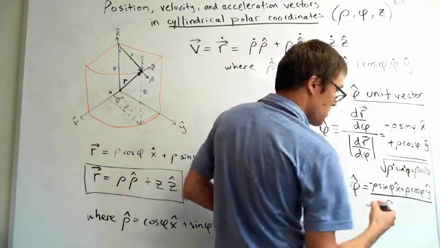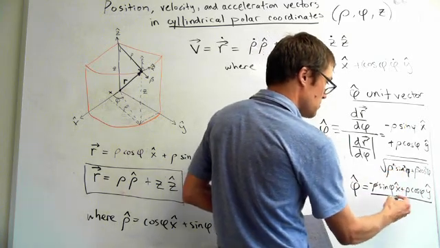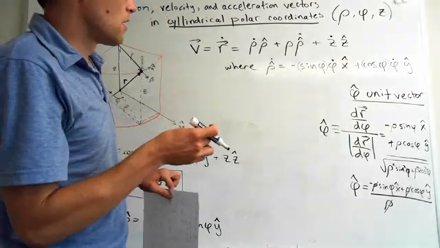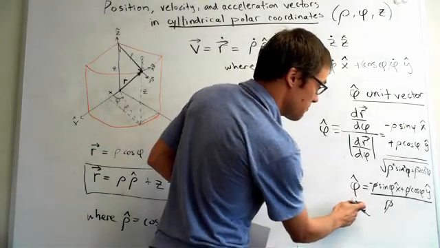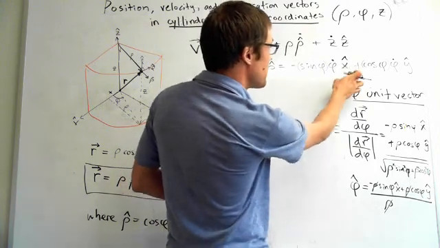So we just have the square root of rho squared in the denominator, so the rho's all cancel. And what we're starting to see here is that phi hat is in fact buried in here.